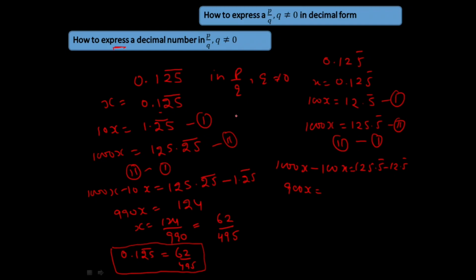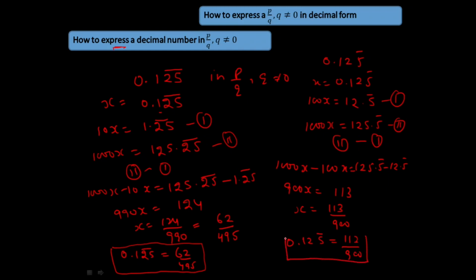This value will be 113. So the value of x is 113 divided by 900. This can't be simplified. So what was x here? The given assumption, 125 bar, is 113 divided by 900.